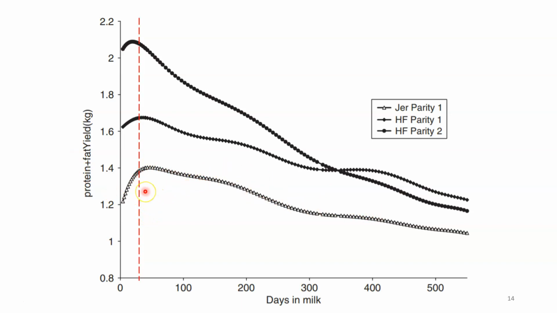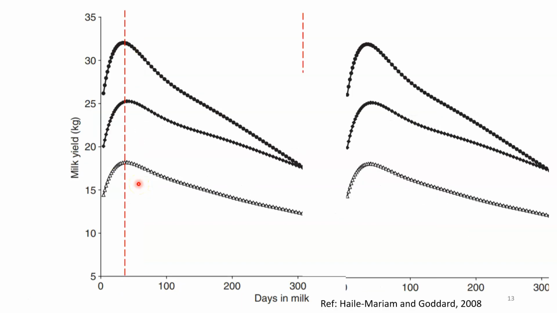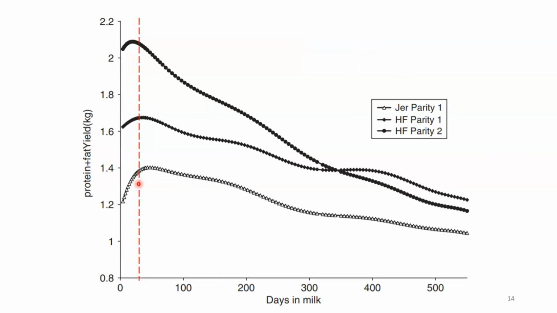But what's more important here is, if I ask you how much is the daily milk production of an animal, you can probably tell me this. But what if I ask you what the protein or fat yield of a cow will be?